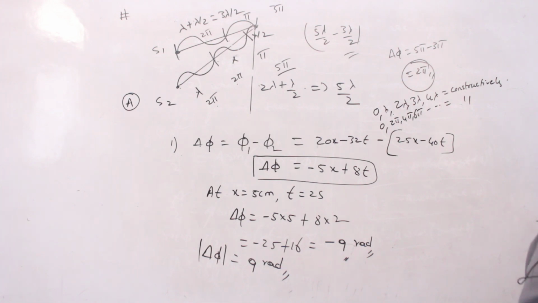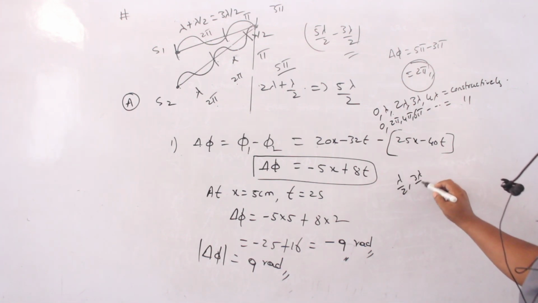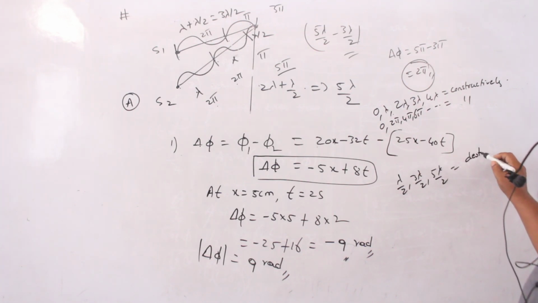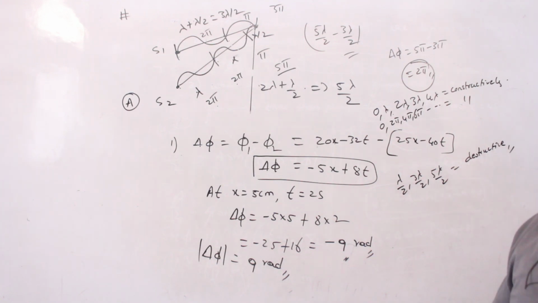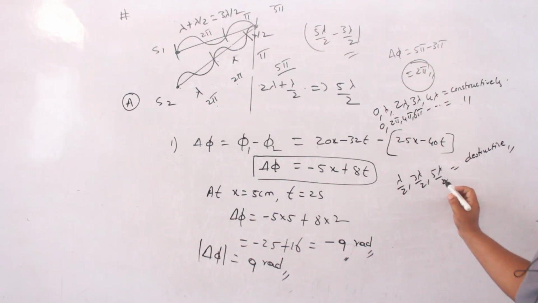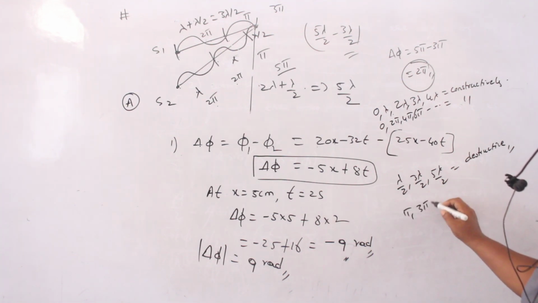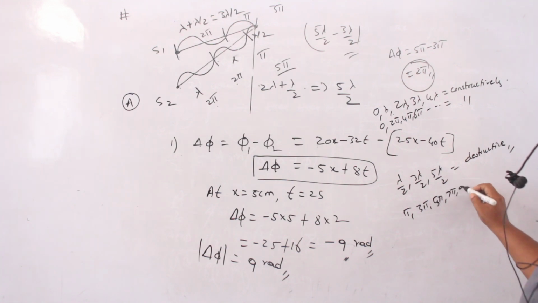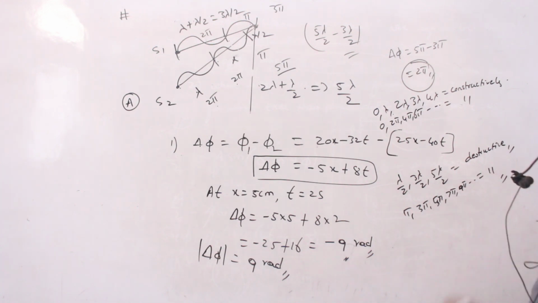Now in which condition will waves interfere destructively? For a path difference of lambda by 2, 3 lambda by 2, 5 lambda by 2, we will get destructive interference. Similarly in terms of phase difference, when the phase difference is pi, 3 pi, 5 pi, 7 pi, the waves will interfere destructively.